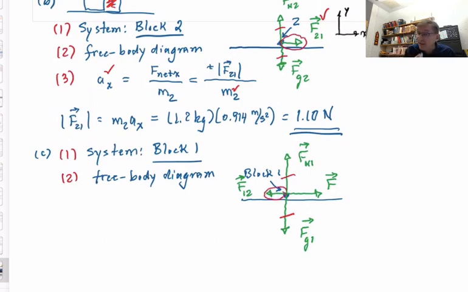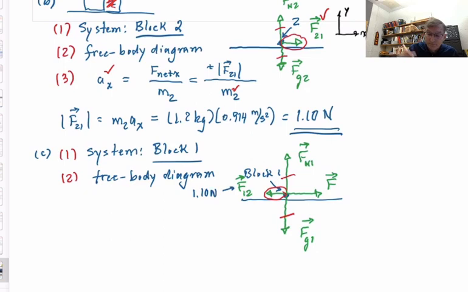The forces are on different things, yes? But they do exist. If there's an F21, then there's an F12 of equal magnitude and opposite direction. That means I know what that magnitude is for F12. I know its magnitude is the same as F21, which I just found in part B to be 1.1 newtons.